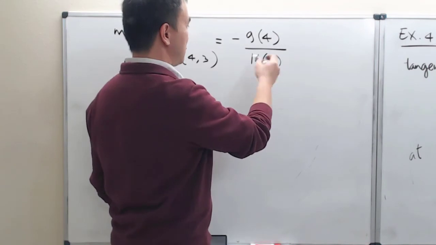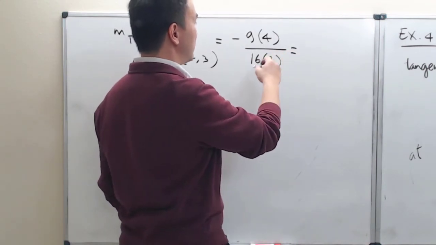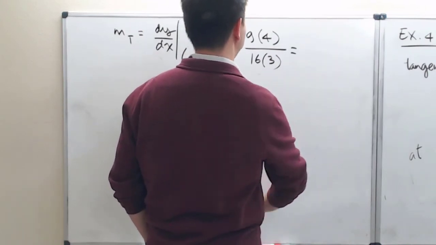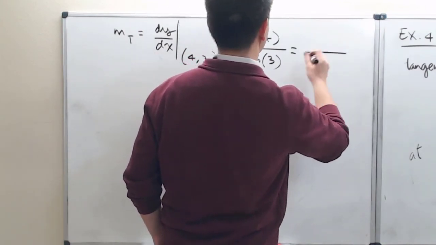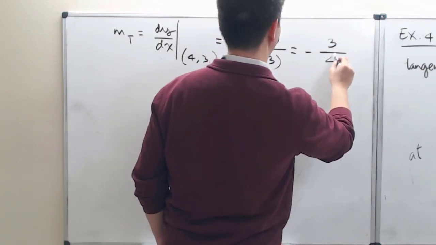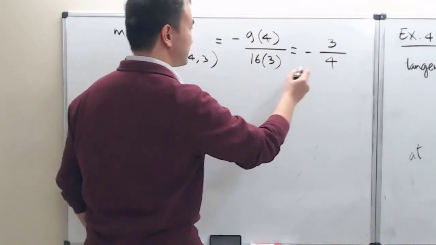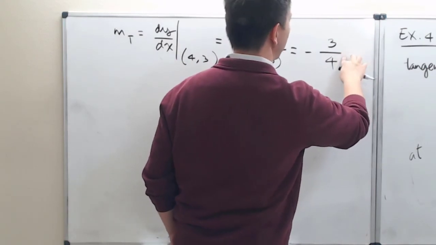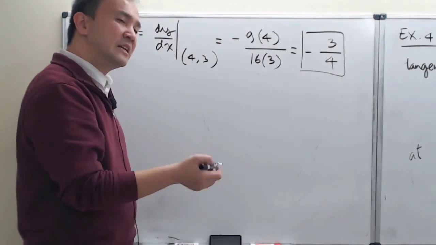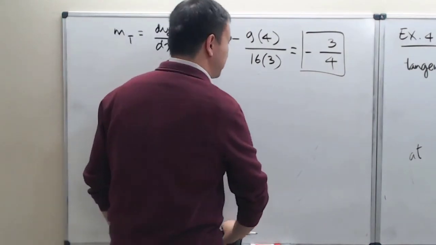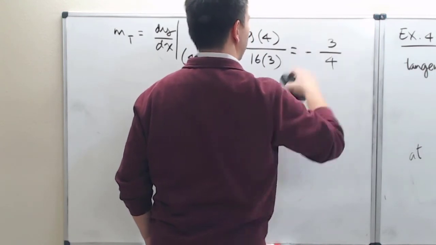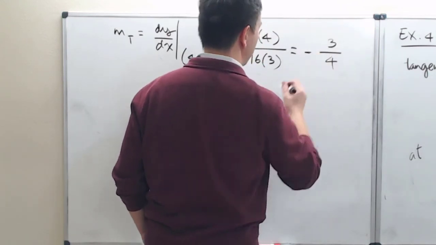Our final value after some algebraic cancellations is minus 3 over 4. I recommend keeping a fraction like that, or you can think of that as negative 0.75. So that's your slope, and I don't even think I need to put this in a box, because it's not our final answer.